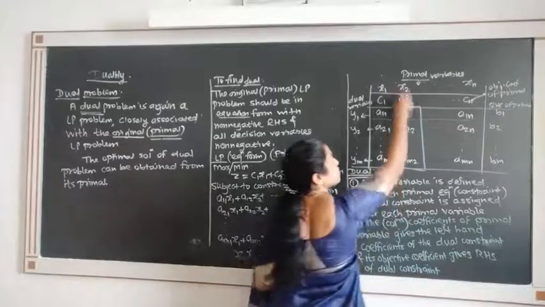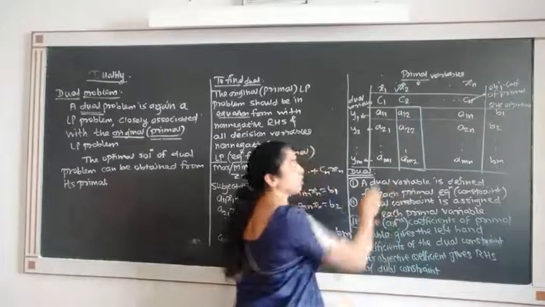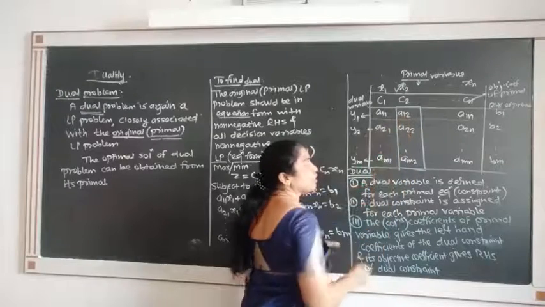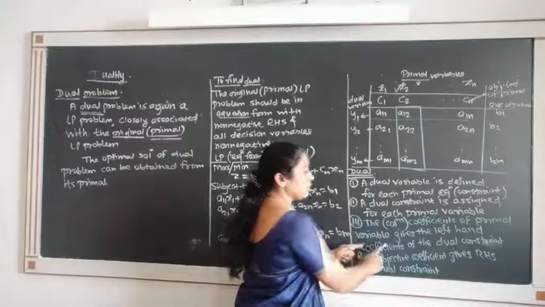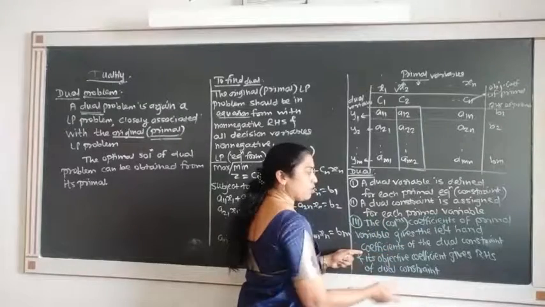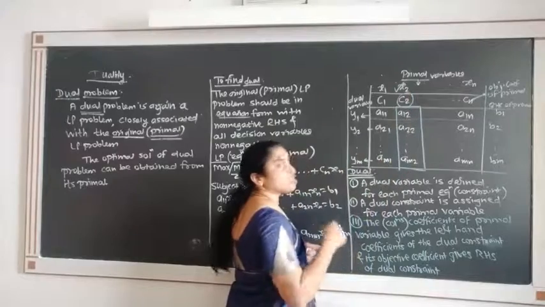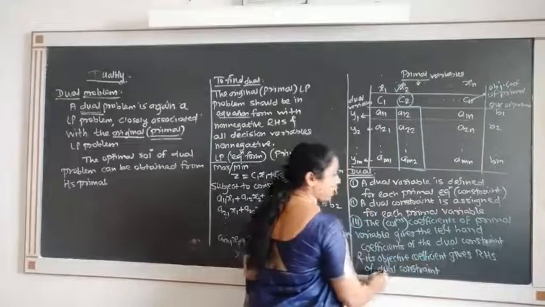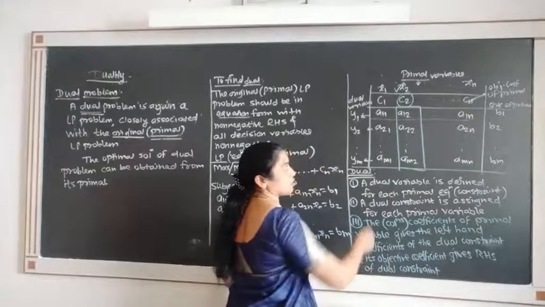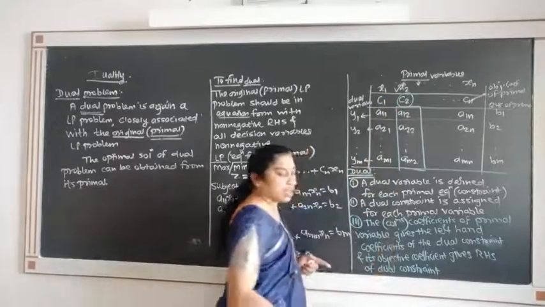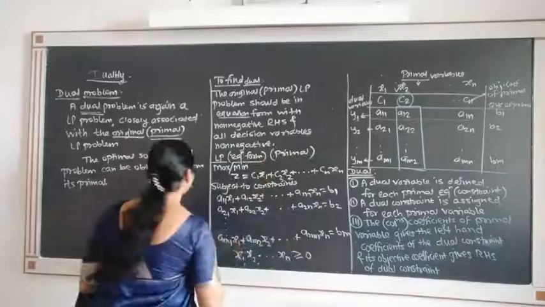Means if you consider the variable x2, these coefficients of x2 give us the left hand side coefficients of the dual constraint, and its objective coefficient, that is c2, gives the right hand side of the dual constraint. We will see when we solve the examples, this c2 will give us the right hand side. This is our second rule.